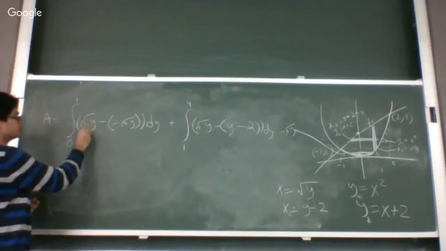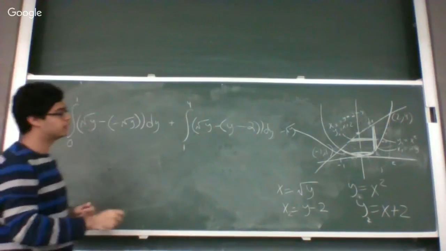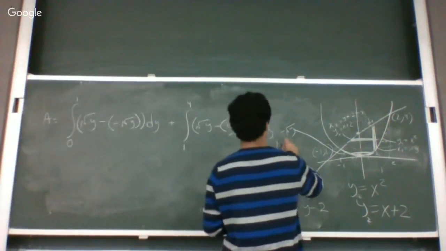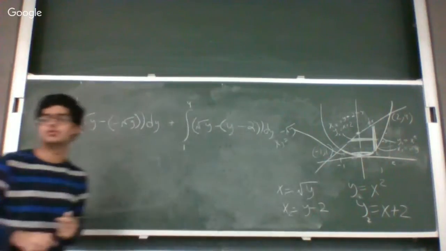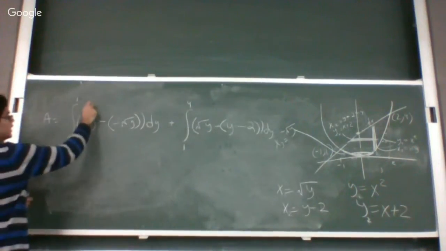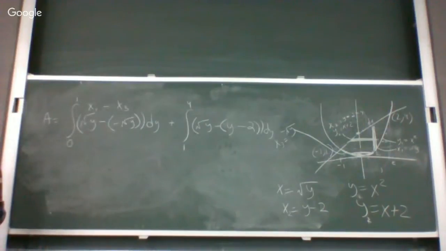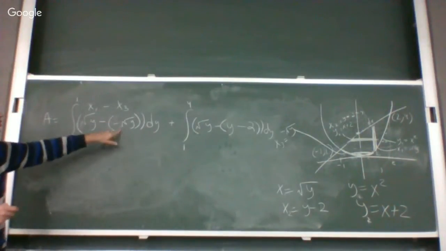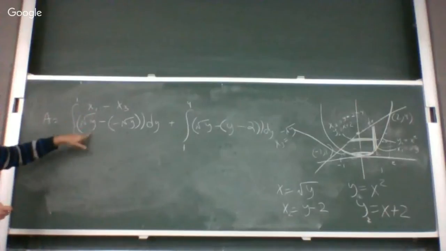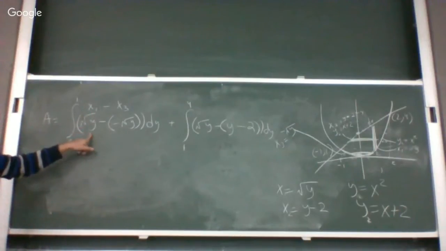Yeah. So let's call this x3. Okay? So this would be x1 minus x3. x3 is already negative square root of y. x1, from previous, we need square root of y.